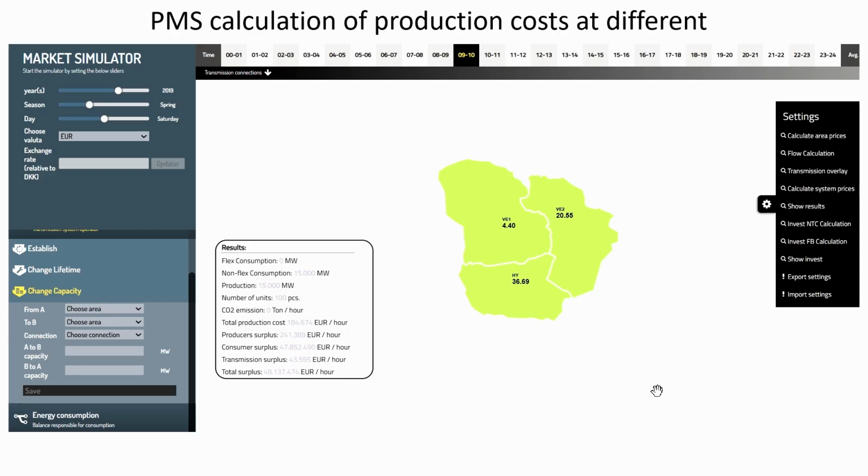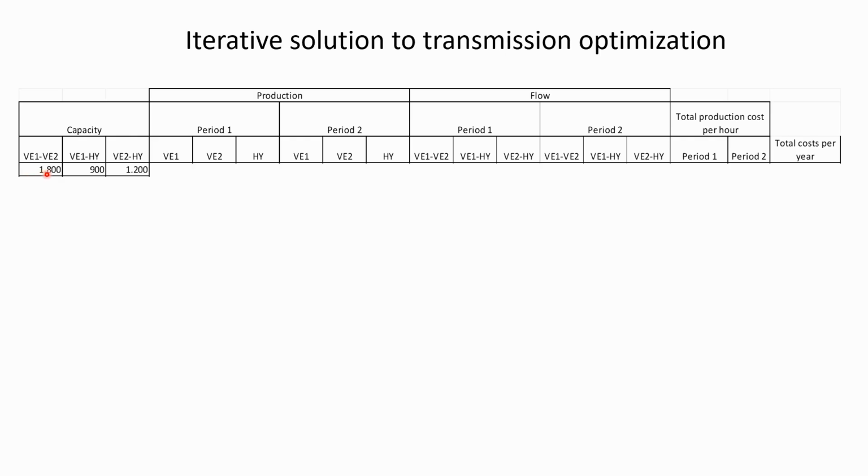And then now I return to my PowerPoint. Here you can see the capacities of the first calculations we've done. This was the first guess. And here I will insert the production in period 1 and period 2 for the three areas, the flow of power between the areas for period 1 and period 2, the total production cost in period 1 and period 2, and the total cost per year with this capacity.